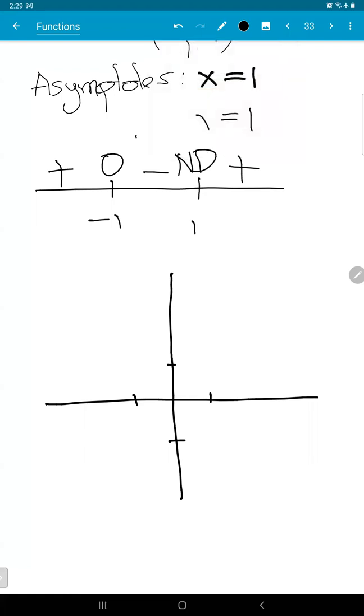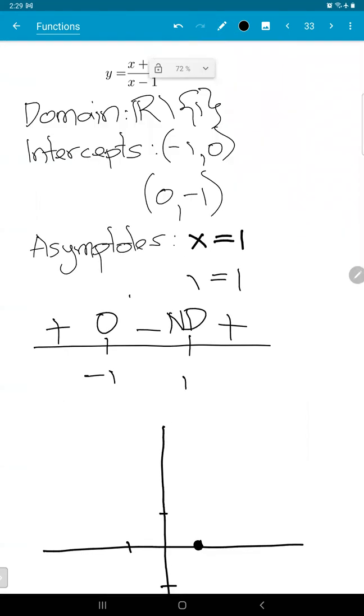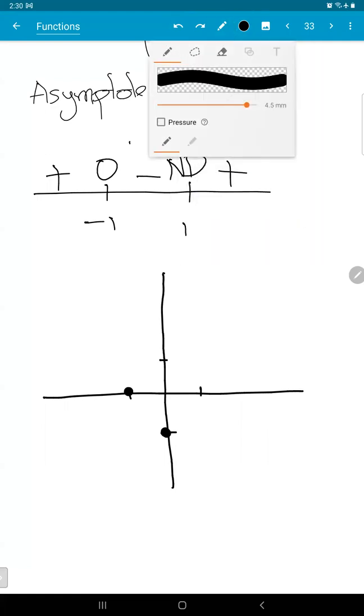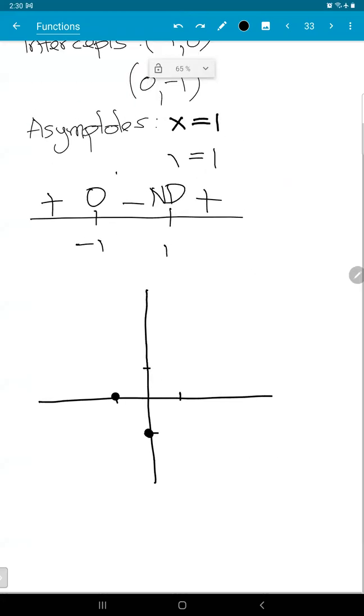So we have the x-intercept at 1. And we have the y-intercept at -1. This is the x-intercept, and this is the y-intercept. So you know that the graph has to cross those points somehow. And then next, you draw your asymptotes. x equals 1, y equals 1.